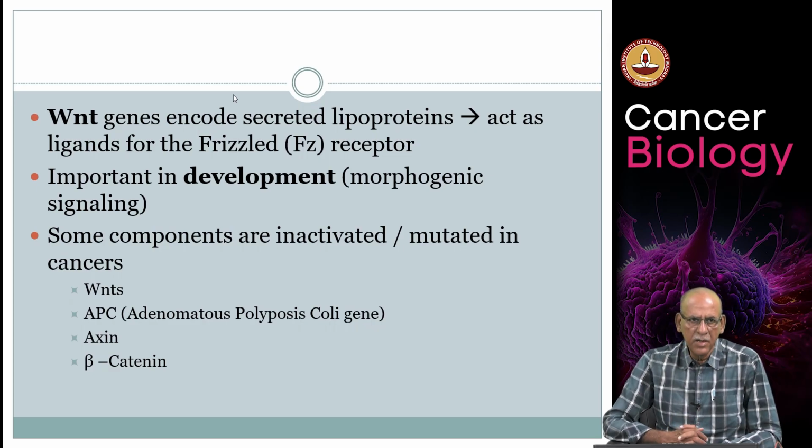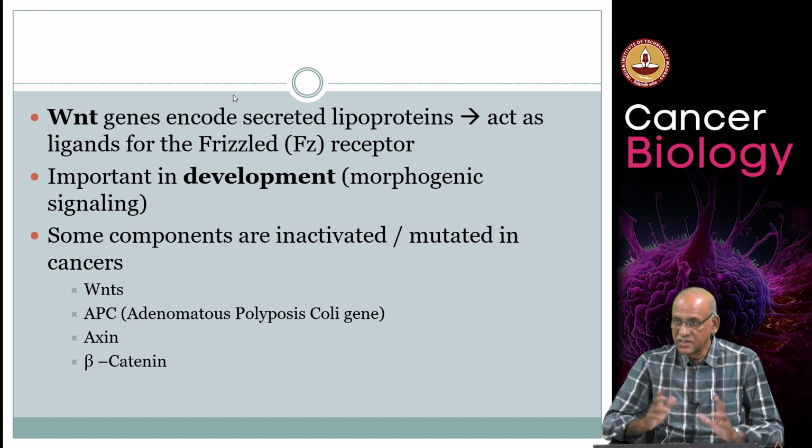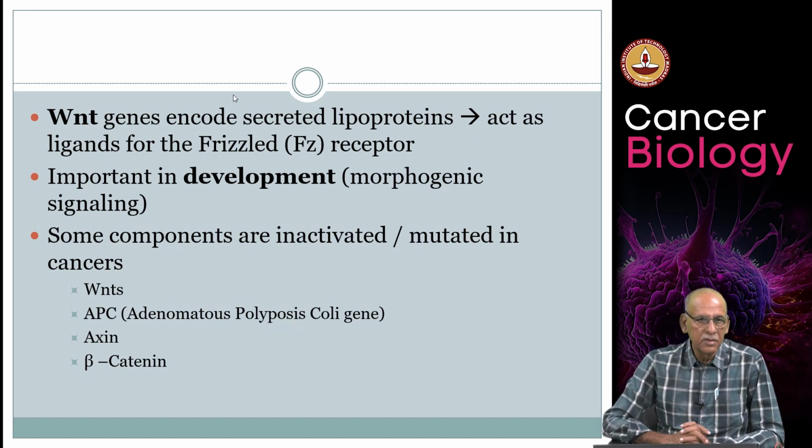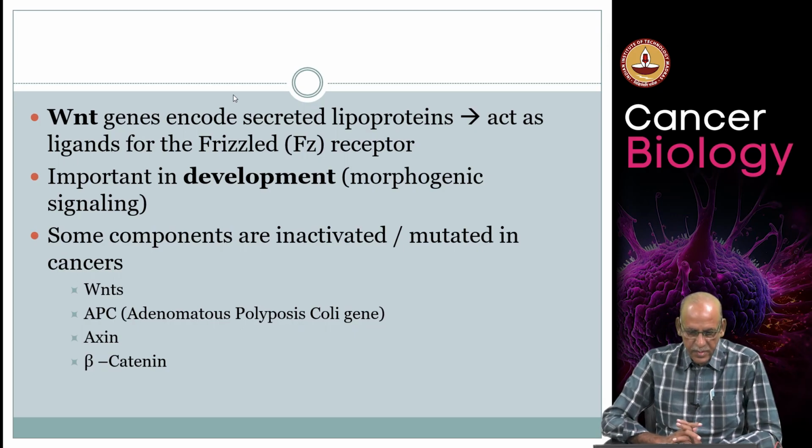Development biologists study the development processes in various organisms, and the name comes from the wingless gene in flies. So it is important for development of the morphology, morphogenic signaling.